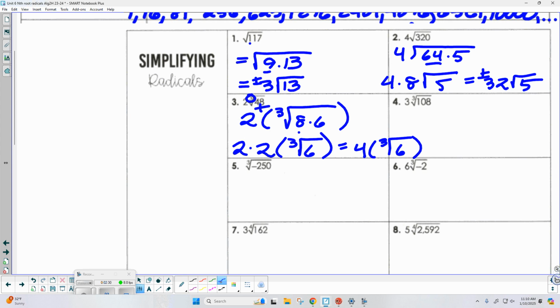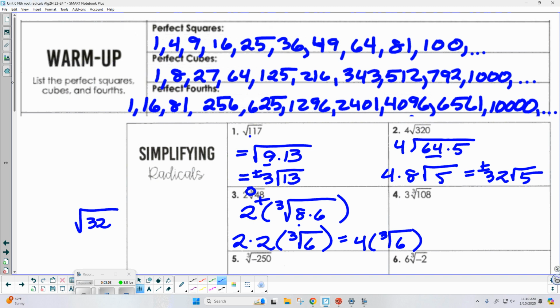Cool. So before we go ahead and dive back into these, let's start with a square root because currently we're on the cube roots. So if I were to give you something like the square root of 32, 32 is definitely not a perfect square. If I take the square root in the calculator, it's going to give me a decimal answer. And that's okay. Okay, so what we're doing here is we're thinking about the largest perfect square that's going to evenly, and that's the key word, divide 32.